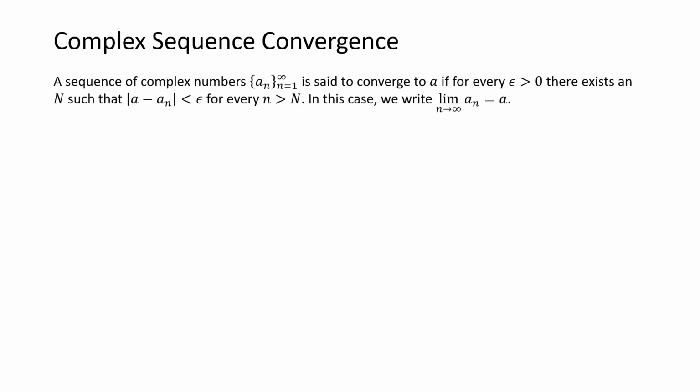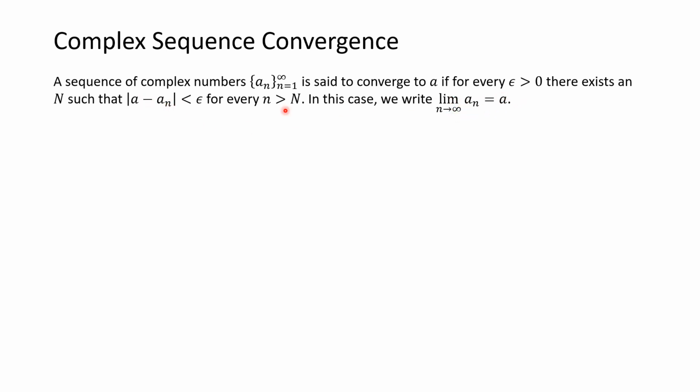So let's define convergence of a sequence. We have a sequence of complex numbers a sub n, going from n equals 1 to infinity, is said to converge to a if for every epsilon greater than 0 there exists an N such that the distance between a and a sub n is less than epsilon for every n greater than your capital N. So in that case, we write the limit as n approaches infinity of a sub n equals a.